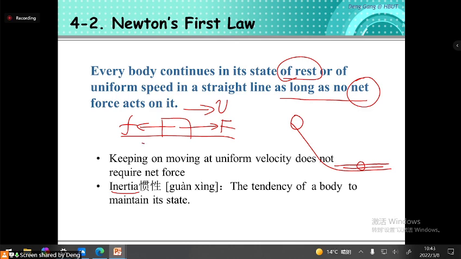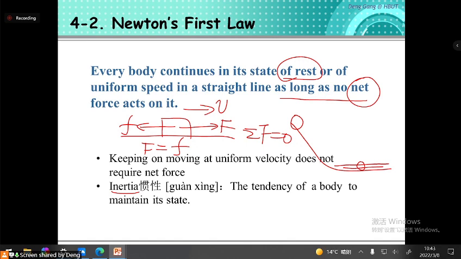And if F, the force I applied on this object, is equal to the friction, the net force on this object should be 0. So that is equivalent to no force on it. So this object will keep on moving, and it does not require an extra force.